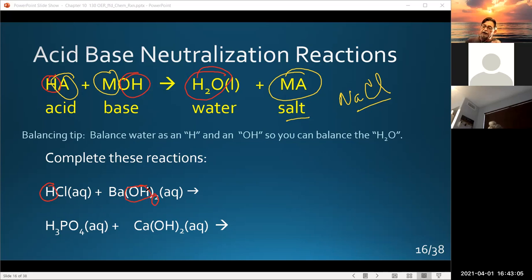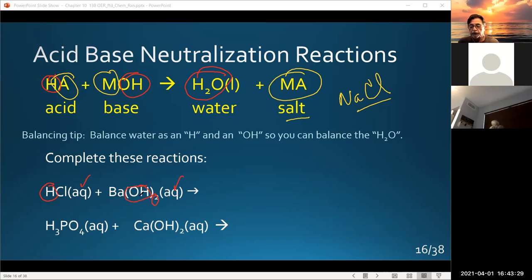What does that tell you? Also, guess what? These guys are aqueous, they're soluble in water. And so when I put them in water, they completely dissociate, okay? And then once they're in water, the protons and the hydroxides are eventually going to combine together, and same with the other corresponding salt that's created.